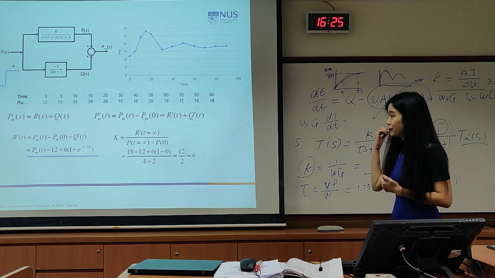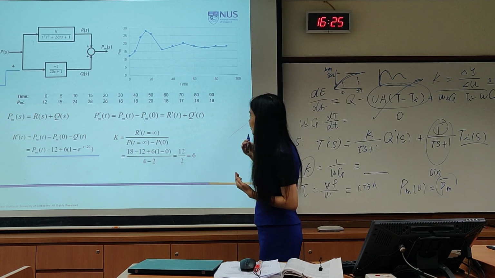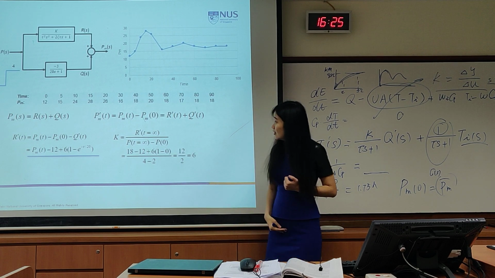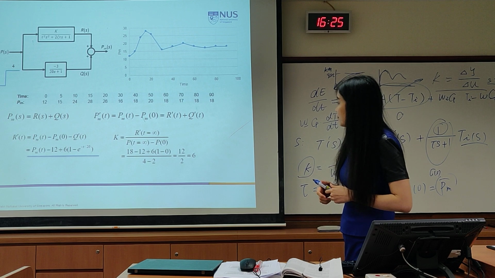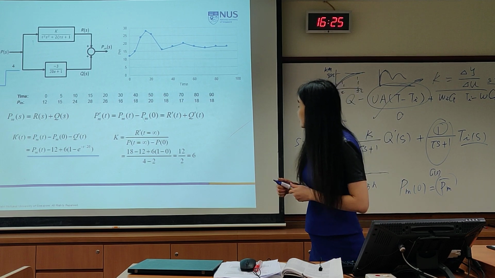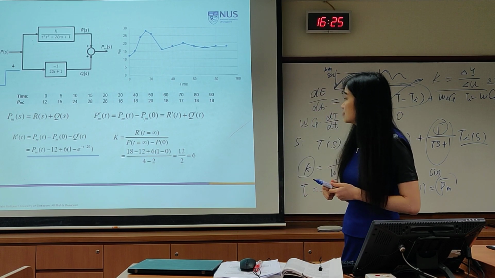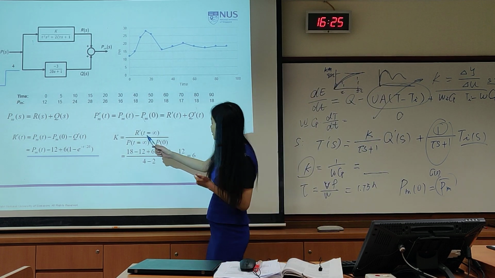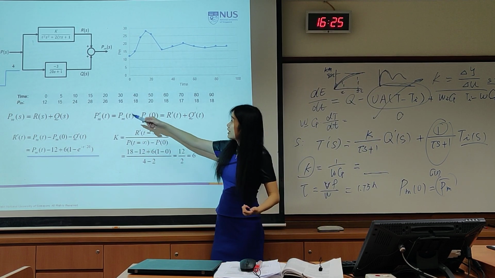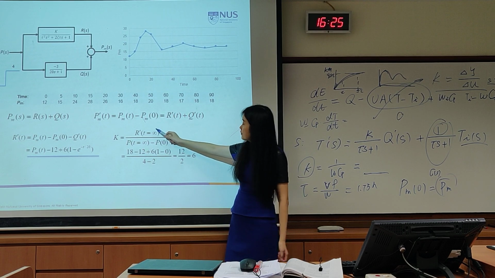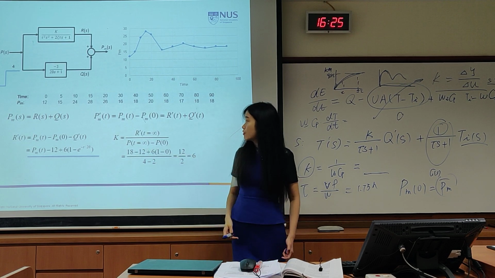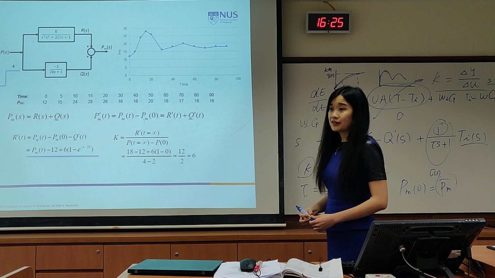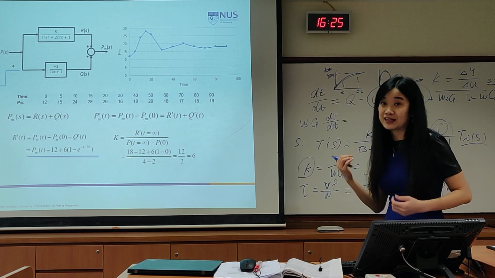So one way, if you understand in this way, then you can calculate using the final value of the output divided by your input to get the value. So this is one way, because for the second order process, your output is R, your input is P. So use your output at the final value, when it goes to steady state, divide your input of P. You can also think about the case meaning using the final value theorem.